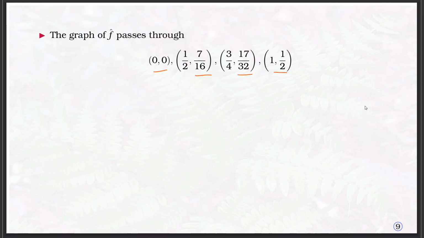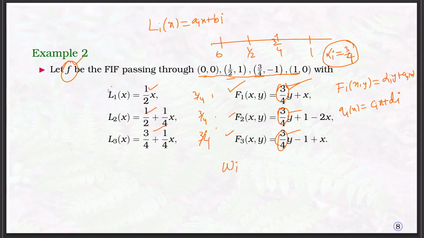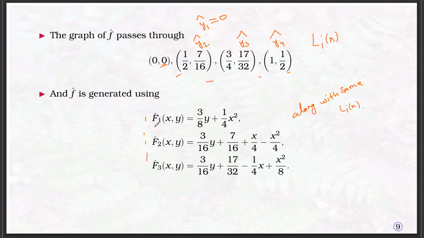So, for Li of x there is no change. Here the contractions are 1 by 2, 1 by 2, 3 by 4 for L1, L2, L3. For the new iterated functions f1 cap, f2 cap, f3 cap, the contraction factors are given here as 3 by 8, 3 by 16 and 3 by 16.